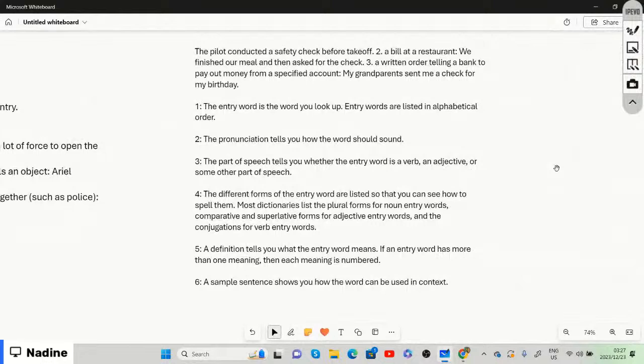So definition basically tells you what the entry word means. We define it. And if the entry word has more than one meaning, then each meaning is numbered.